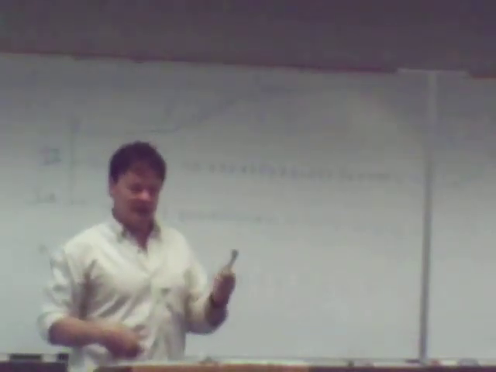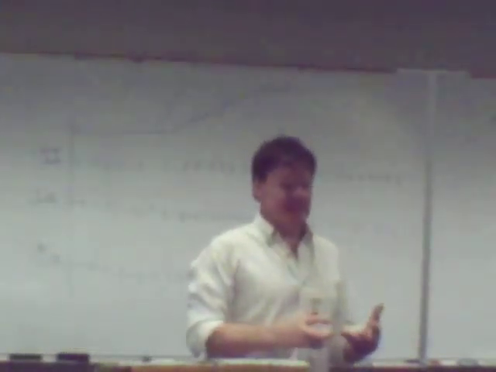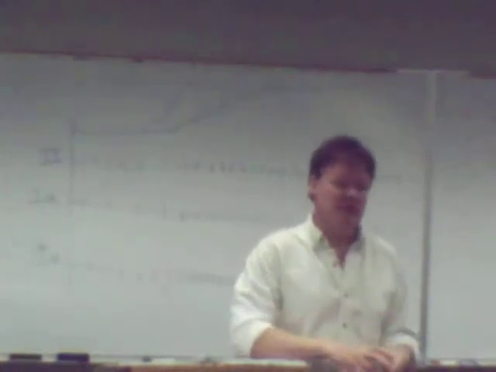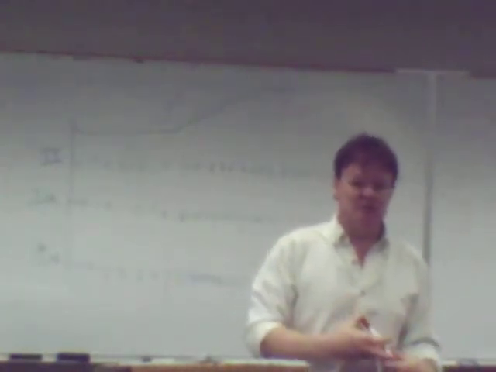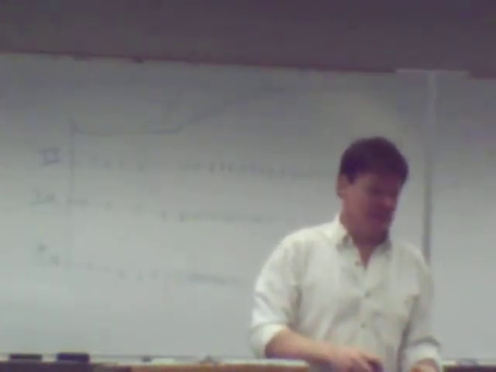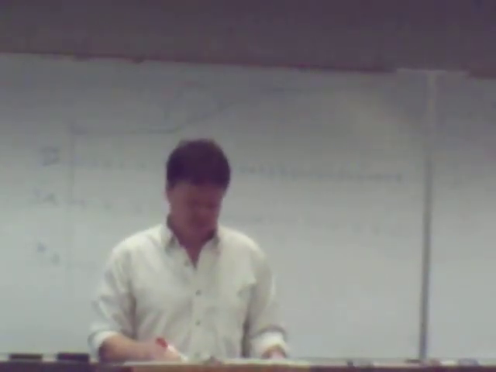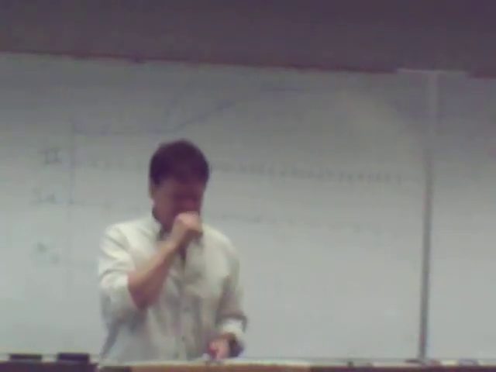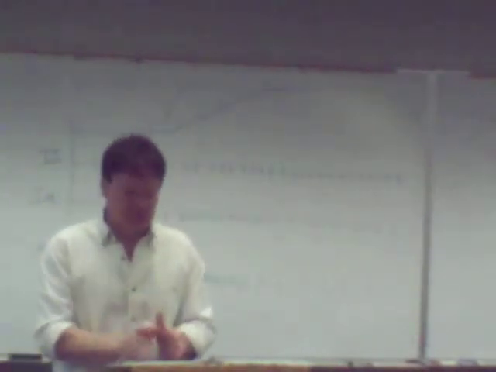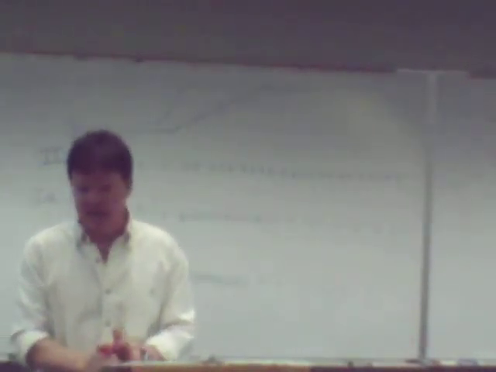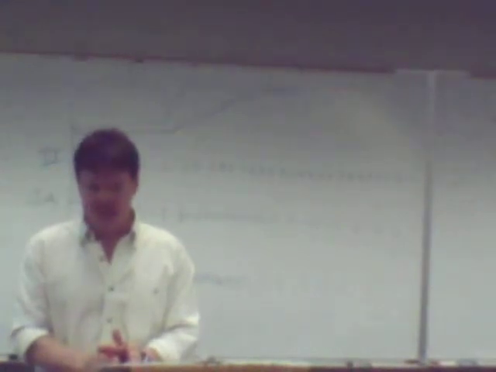1A is the rate of stretch. Exactly. Type 2 is the stretch length, the static length. So the type 2 afferent gives us the amount of stretch, the static stretch. The 1A afferent is sometimes called the dynamic afferent or the phasic afferent.